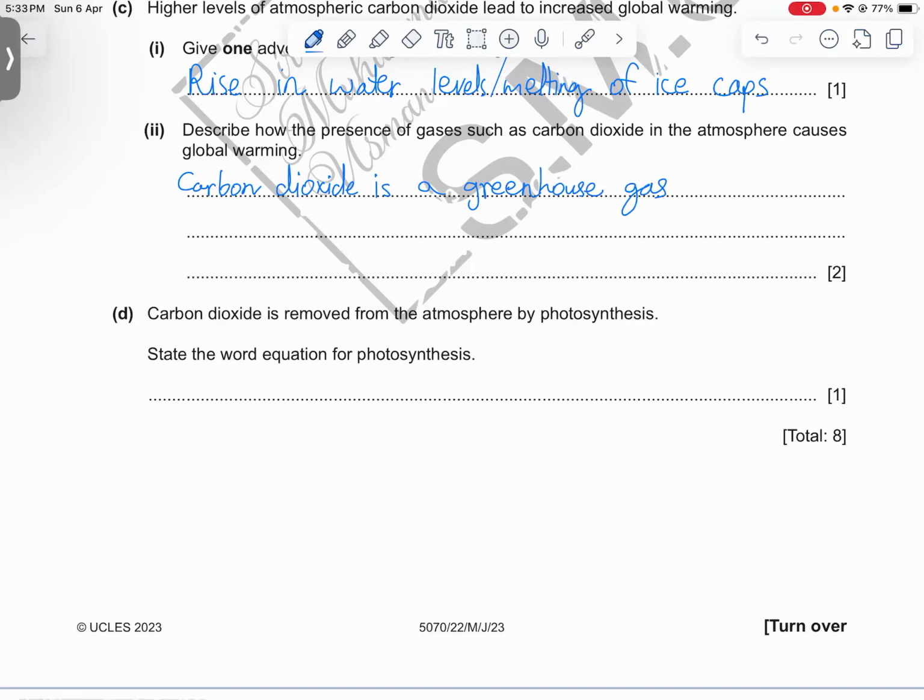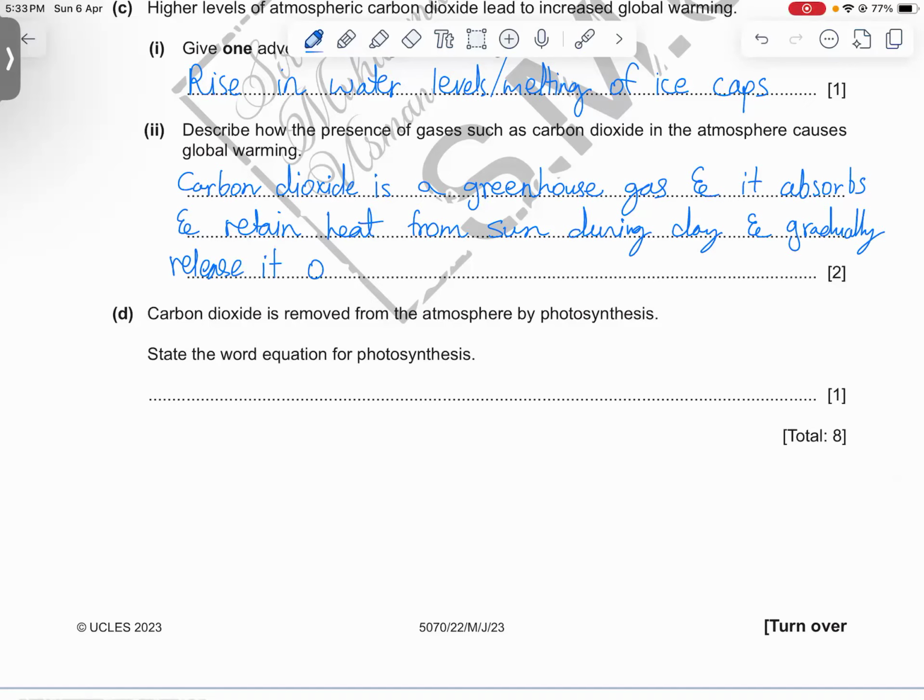And what are greenhouse gases? It absorbs and retains heat from the sun during the day and gradually releases it overnight.